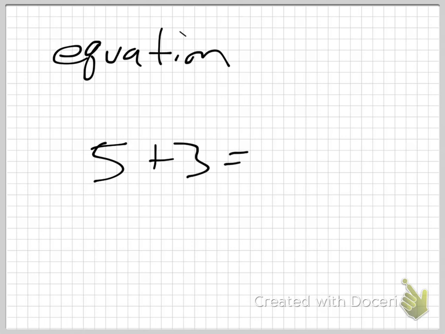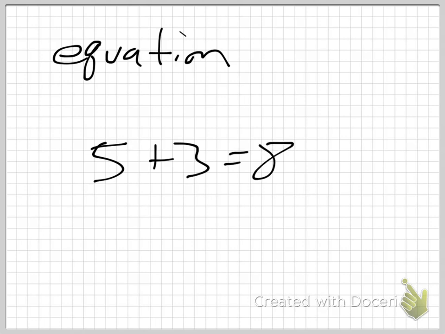Here's the deal. An equation has, what was it again? Do you remember? An equation has what, Jonathan? An equal sign, right? It has an equal sign. Here, 5 plus 3 equals 8.